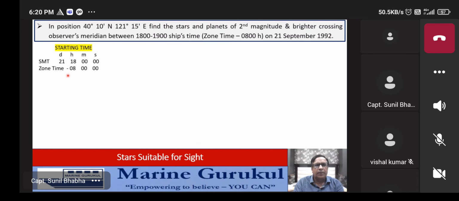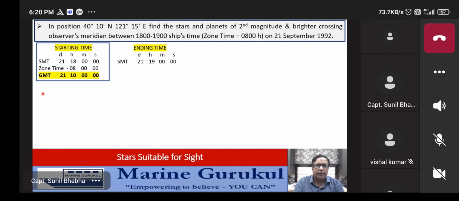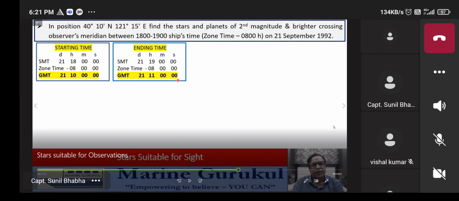Zone time -8, and GMT is 21st day, 10 hours, 00 minutes, 00 seconds. Likewise, we calculate the GMT at the end of the interval, 21st day, 19 hours, zone time -8, and we get GMT as 21st day, 11 hours, 00 minutes, 00 seconds.